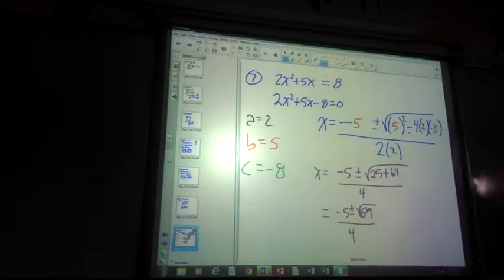Let's see. I don't think 4 would go into it because it's an odd number. Would 9 go into it? Well, 9 times 9 is 81. 9 times 10 is 90, so no, that's not going to work. 16 is not going to work because, again, it's an odd number. Ooh, 25. No, 25 times 3 is 75. 25 times 4 is 100. No, that's not going to work. 36. 36 times 2 is 72.